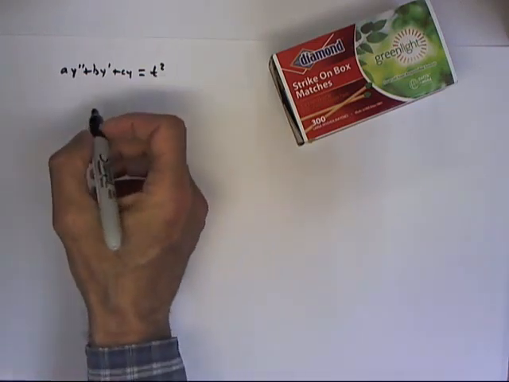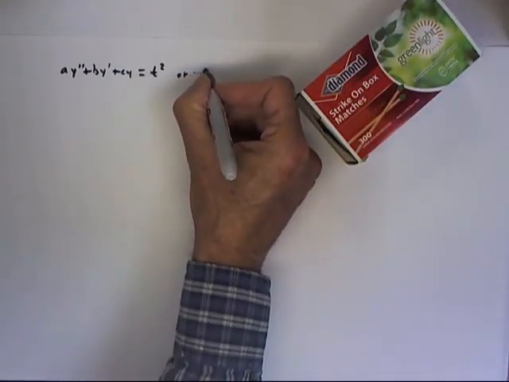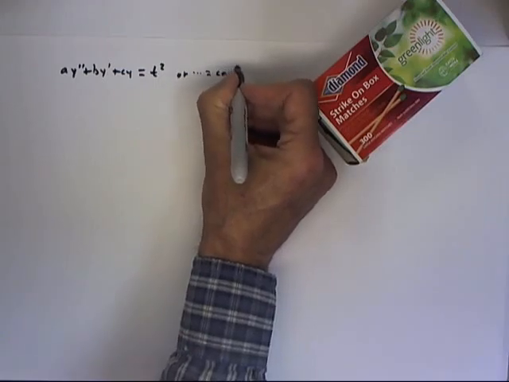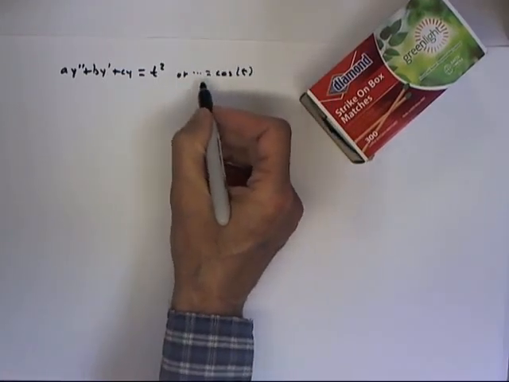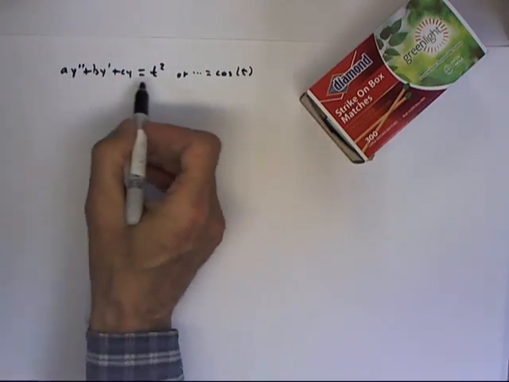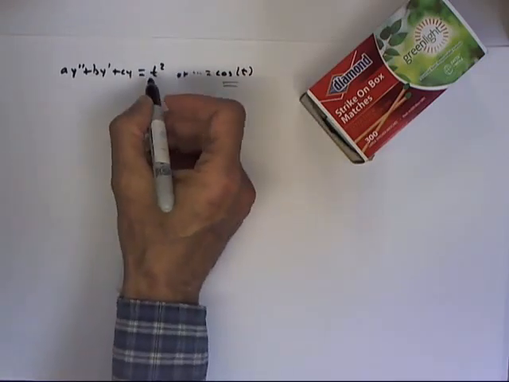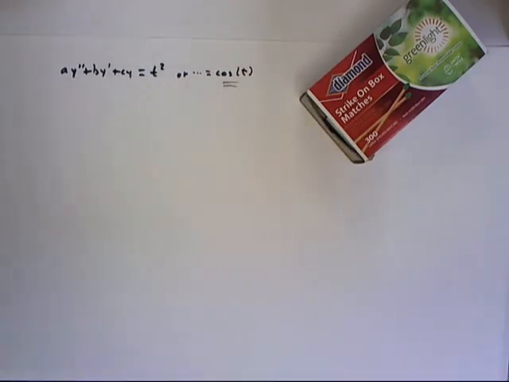Or if we have a cosine of t, what kind of y functions would we put into our equation in order to end up with a cosine? We'll go on with this question in the next clip.